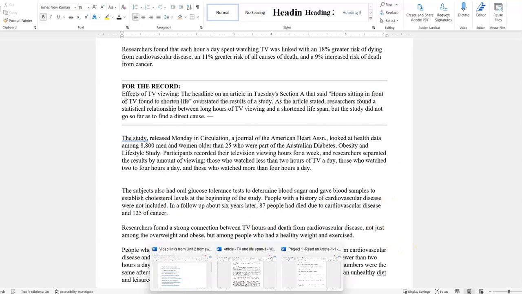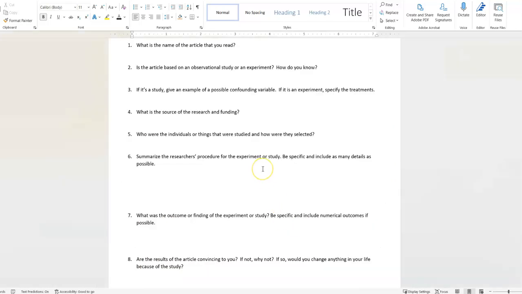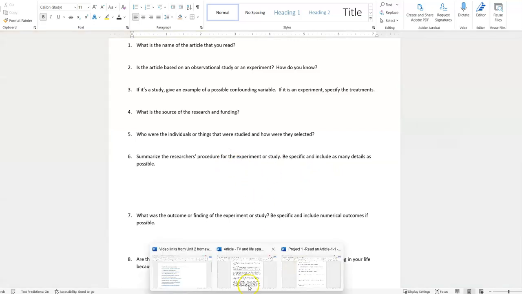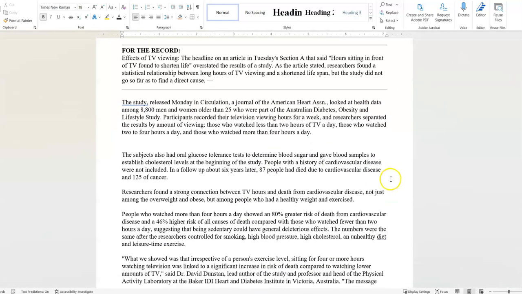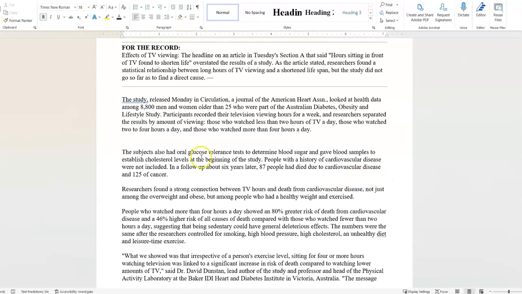So the next question on this, after who was studied, was to summarize the researcher's procedure for the experiment or study. And then it says, be specific and include as many details as possible. So we know for this study, the subjects were given glucose tests to determine blood sugar and blood samples to establish cholesterol levels.